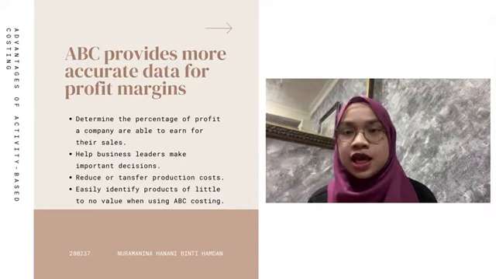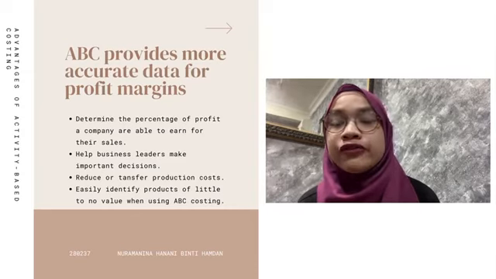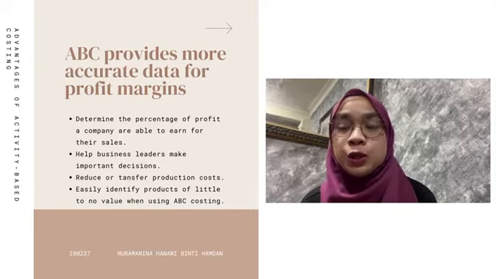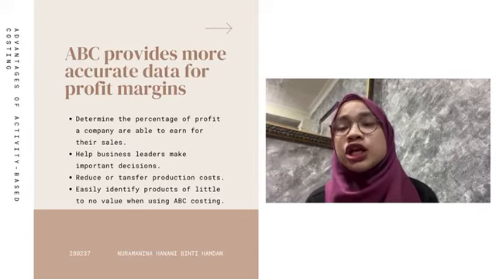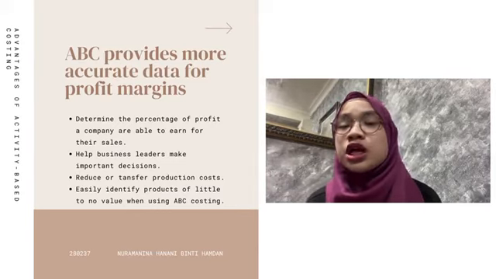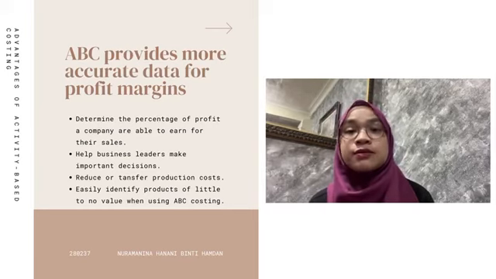Activity-based costing, which is known as an improved method of overhead allocation based on the resources consumed by each activity cost pool, rather than traditional costing that only allocates production costs based on specific factors such as machine hours.